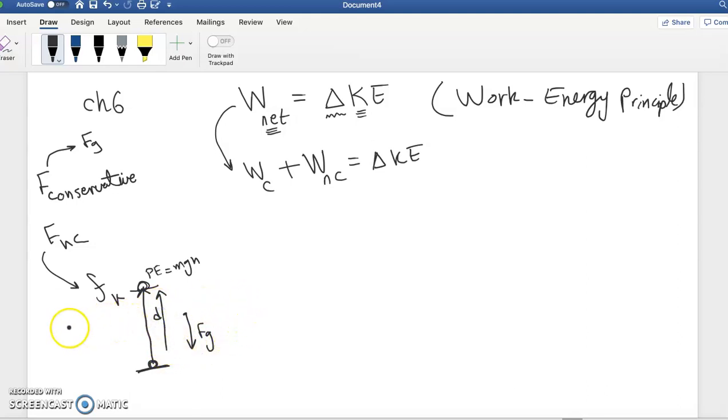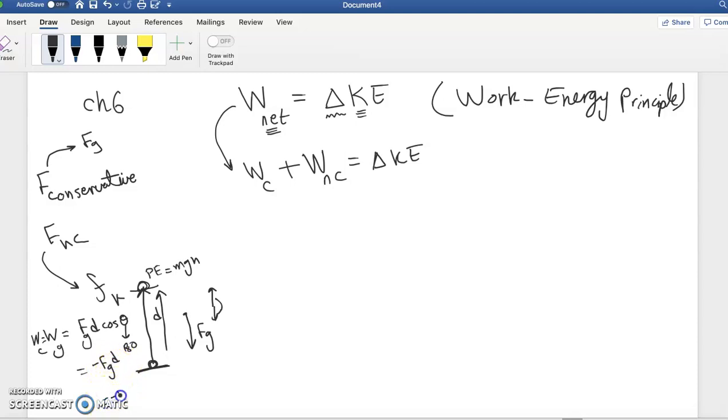So what is the work due to gravity, which is of course the work of the conservative force? It will be Fg times d times cosine of the angle between F and d. What is the angle between them? This is d, this is F. It's 180 degrees. All right? So this is minus Fg d. What is Fg?